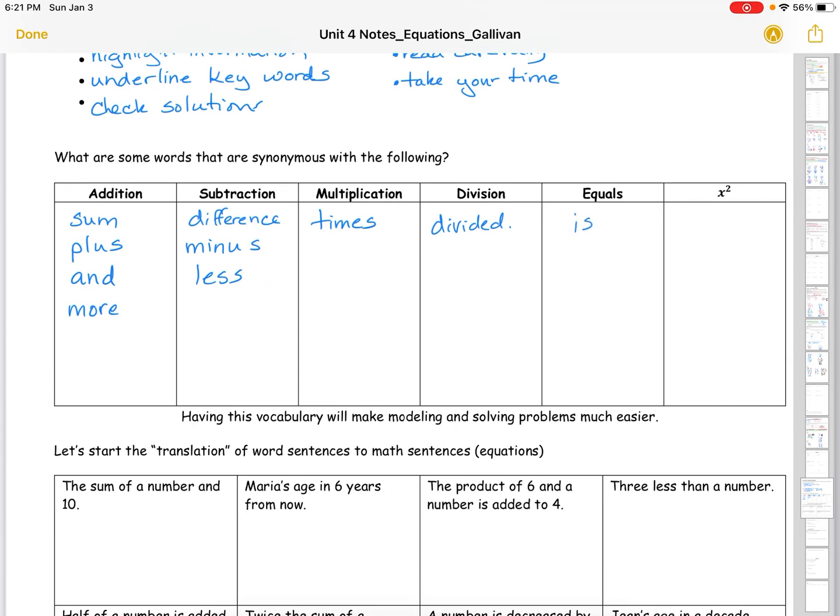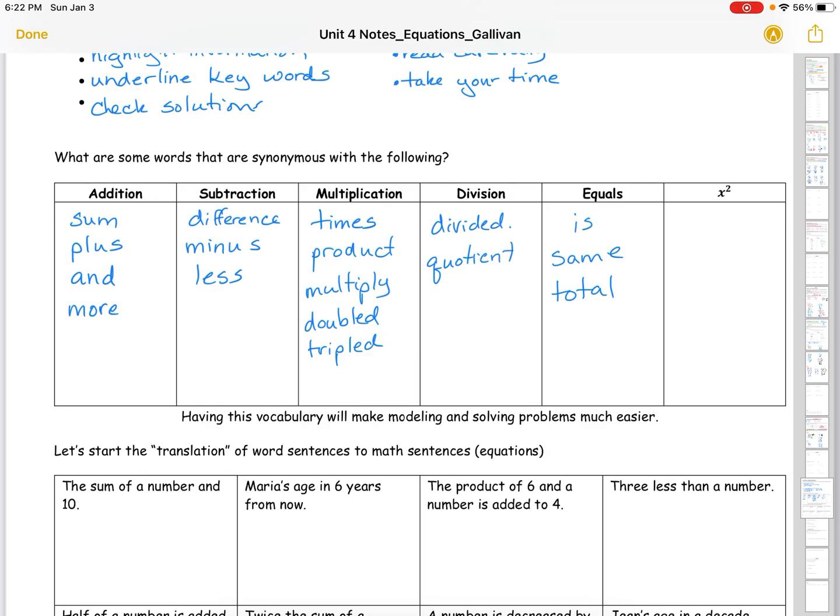Equals could be is, right? Same, total. Multiplication, we could say product. We could also say multiply. We could say doubled or tripled. Those are words that would work, right?